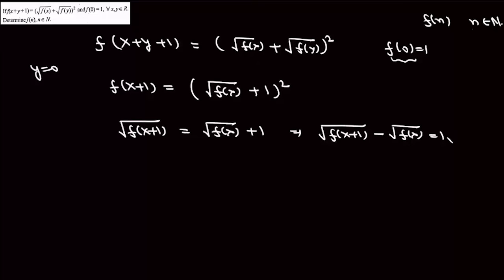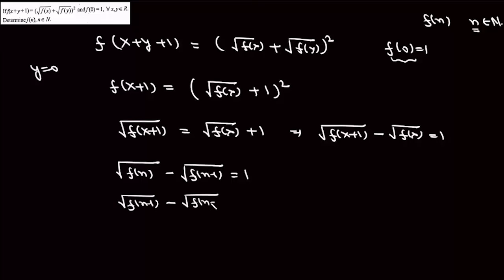Now we can use telescopic summation since n belongs to N. So we can write under root f(n) minus under root f(n-1) will be 1. Under root f(n-1) minus under root f(n-2) will be 1.